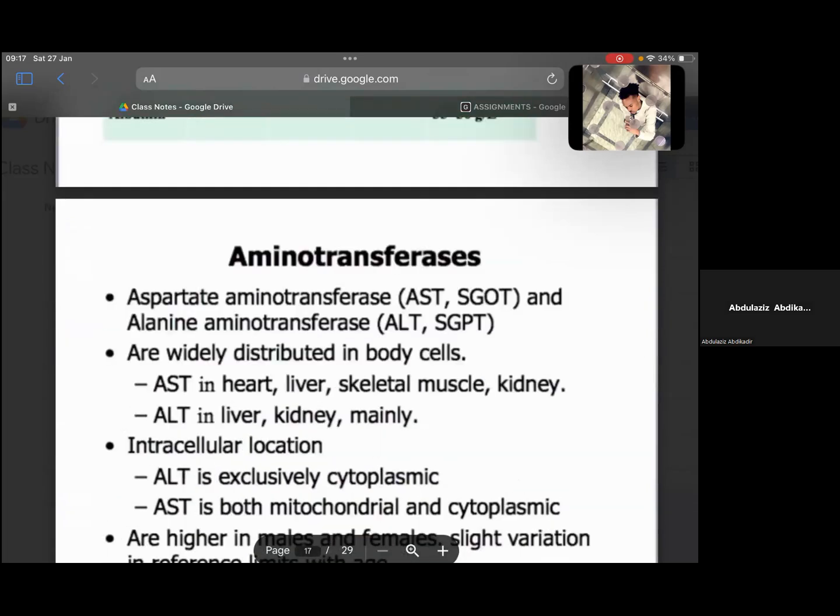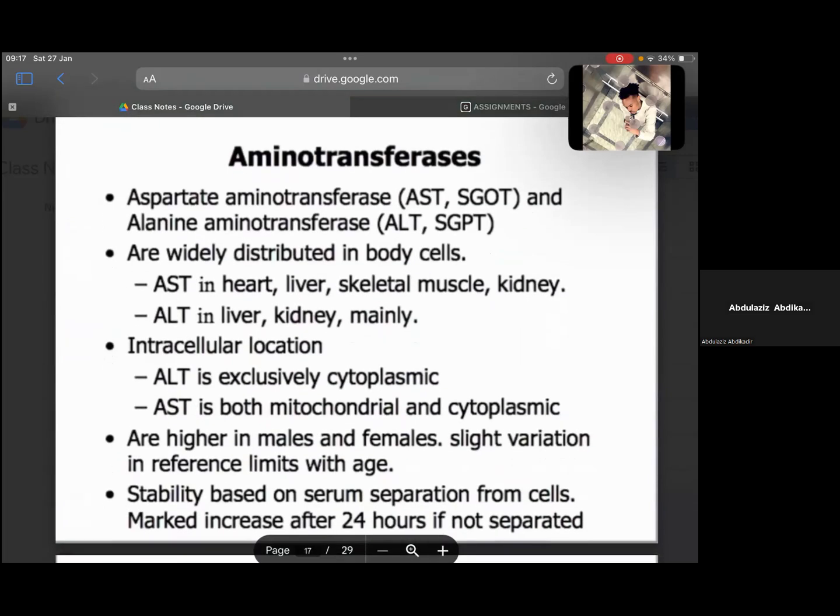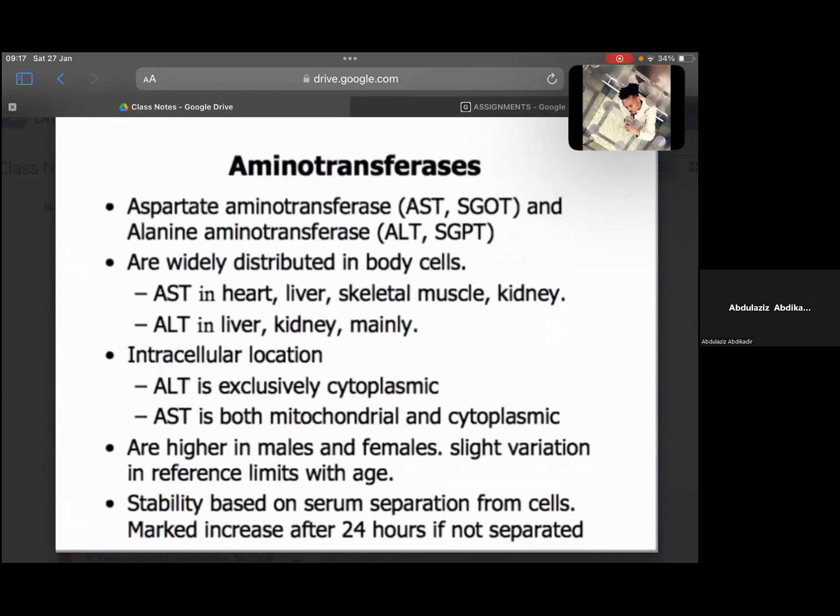So we covered the aminotransferases, the AST and the ALT. Here, there's nothing much you need to know. Just know that the AST and the ALT are markers of liver injury. The AST to ALT ratio, if the AST is twice the ALT, it's a marker of cirrhosis.